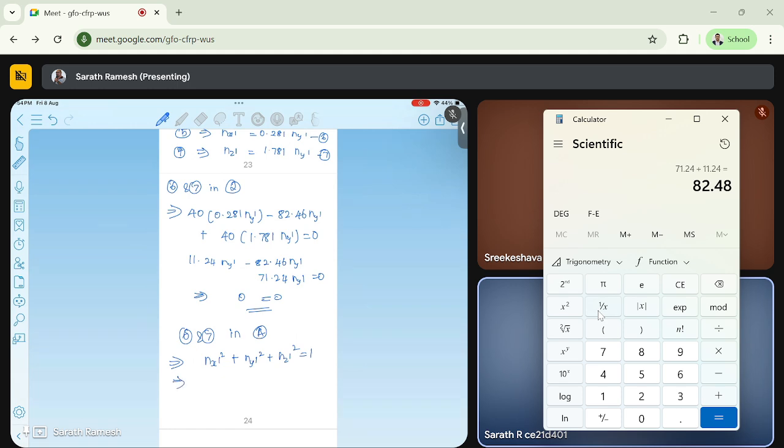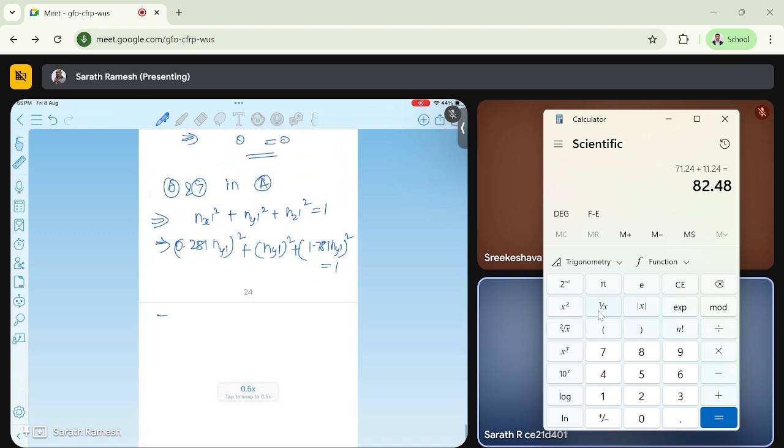So that is equal to 0.281 ny1 square plus ny1 square plus 1.781 ny1 square equal to 1.